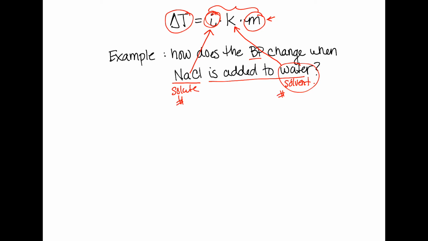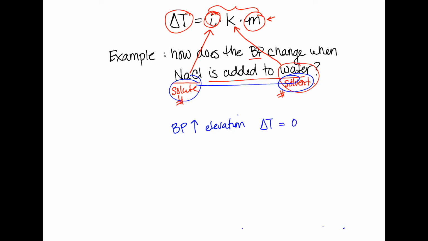And another little reminder, when we add a solute to a solvent, the boiling point is going to go up, so that's called elevation. And so the delta T that you get there is going to be a number.